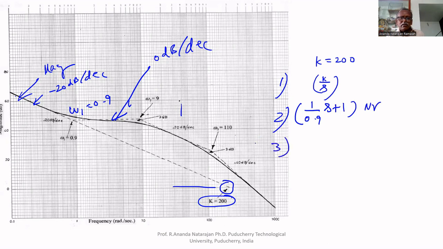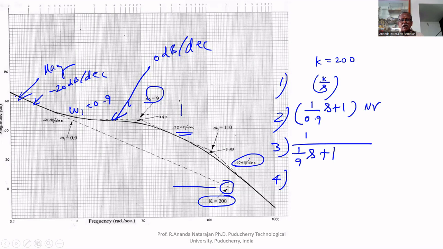Then the third factor. Again it becomes minus 20 dB, from 0 to minus 20 dB. Corner frequency is 9. Therefore, 1 divided by (1 by 9 s plus 1). So that is the third factor. Then the fourth factor, here minus 40 dB. Minus 20 becomes minus 40 means another first order factor. The corner frequency is 110.